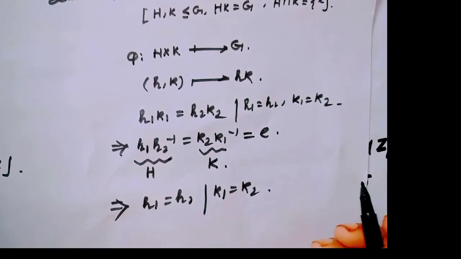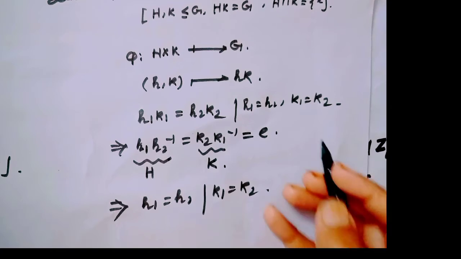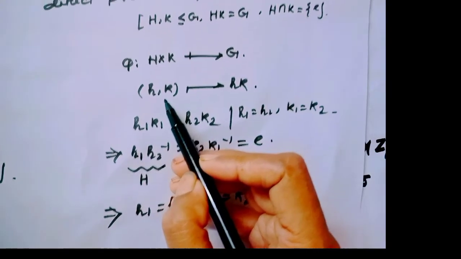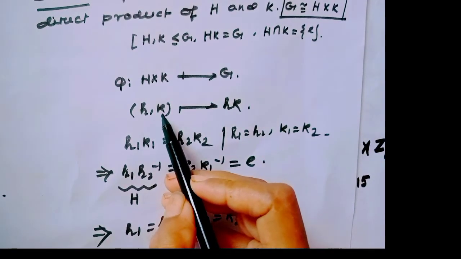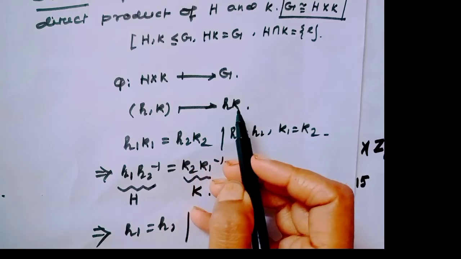Okay? Now we have to prove whether this mapping is onto. Here notice the mapping (h, k) maps to the product hk.